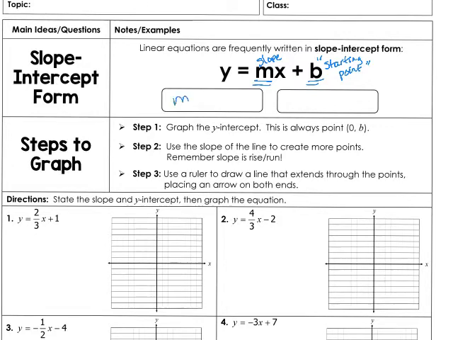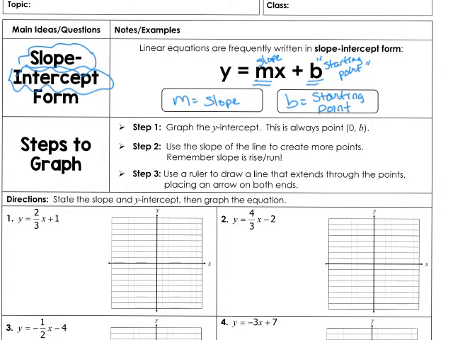So m is your slope, and b is your, I almost said rate of change, which is slope. b is your starting point, also known as the y-intercept, which is why it's called slope-intercept form, because the m is the slope and the b is the intercept.